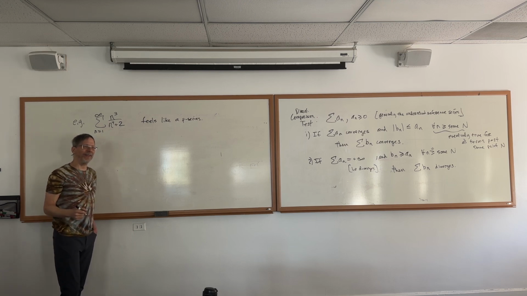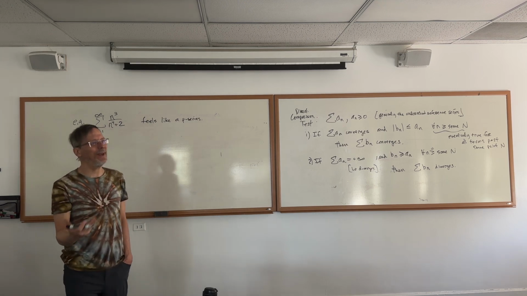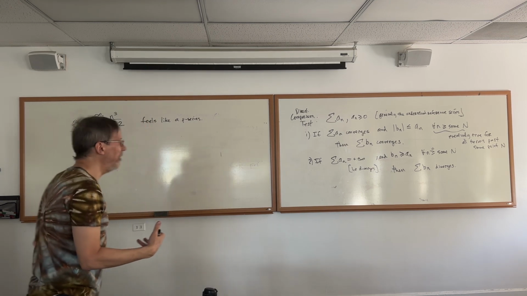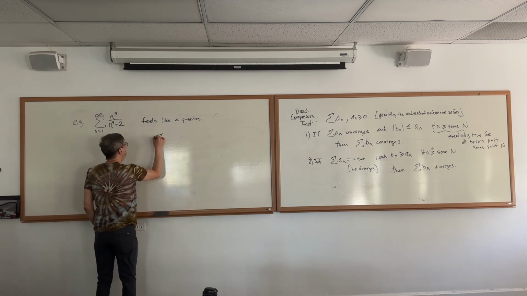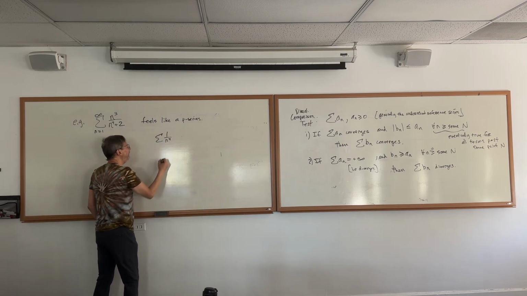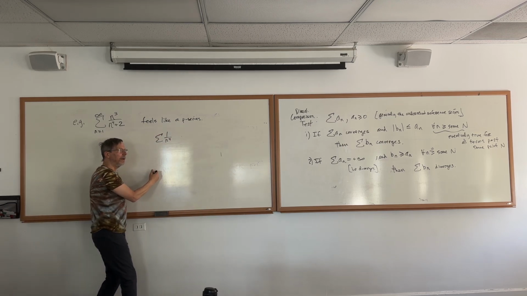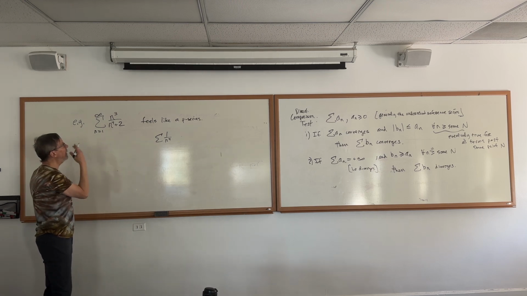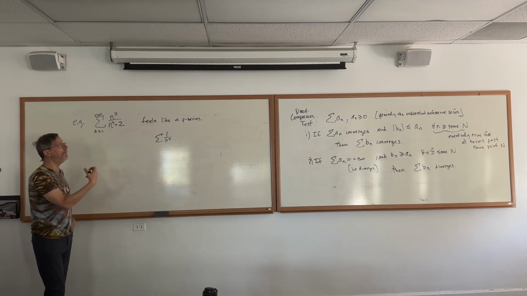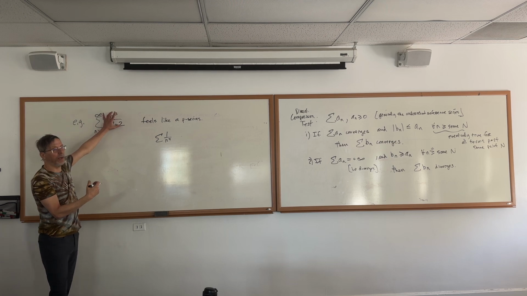Any thoughts on that? Because I'll show you a couple ways to think about it, but what do you think, is this the P series we're thinking about? Think about when n is large. What is the effective term here?